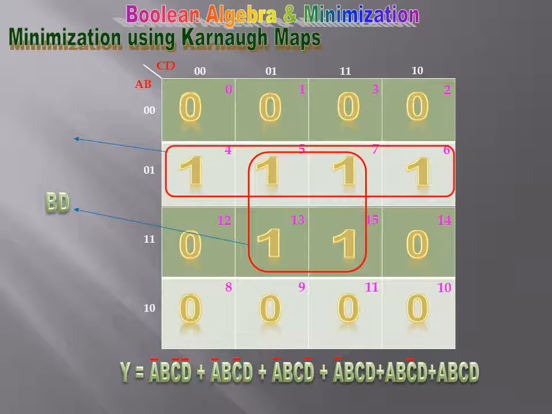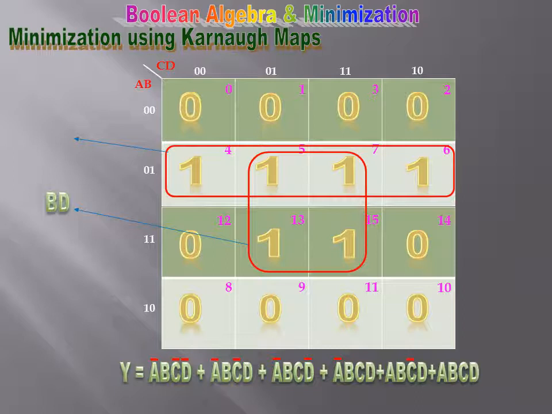So D remains, that means BD is the minimized expression for this chord. And for the other chord, we have the horizontal variables remaining and the vertical variables going, that is C will go with C not and D will go with D not.